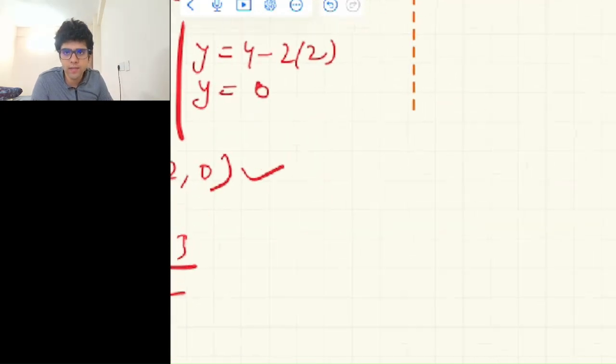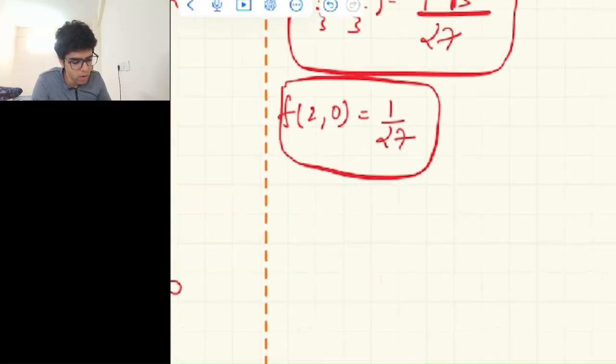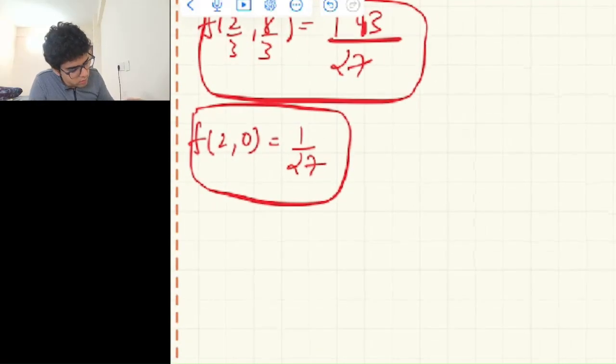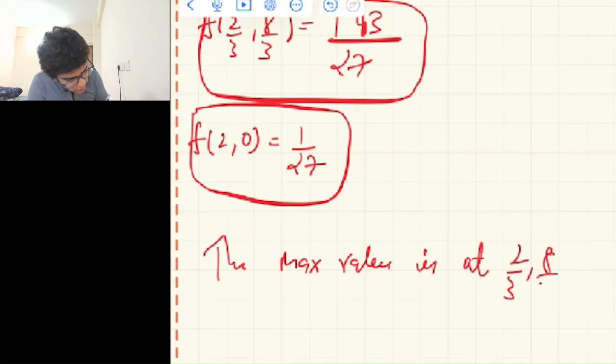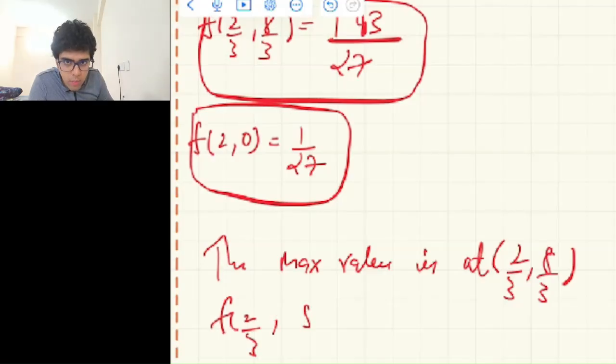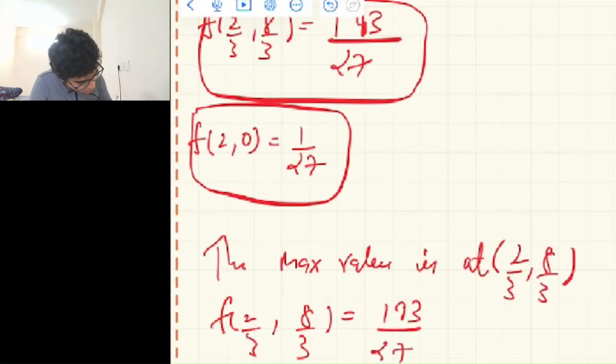So finally, if I just want to conclude, I would be writing that the max value is at (2/3, 8/3), and f of (2/3, 8/3) is 193/27.